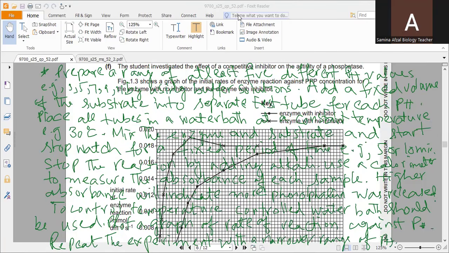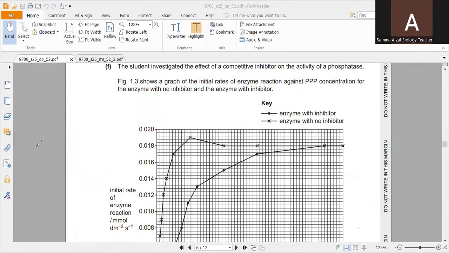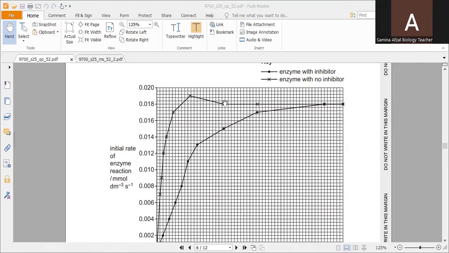And the next question is, the student investigated the effect of a competitive inhibitor on the activity of a phosphatase. Figure 1.3 shows a graph of the initial rates of enzyme reaction against phenolphthalein phosphate concentration for the enzyme with no inhibitor and the enzyme with inhibitor. So here you can see the graph.